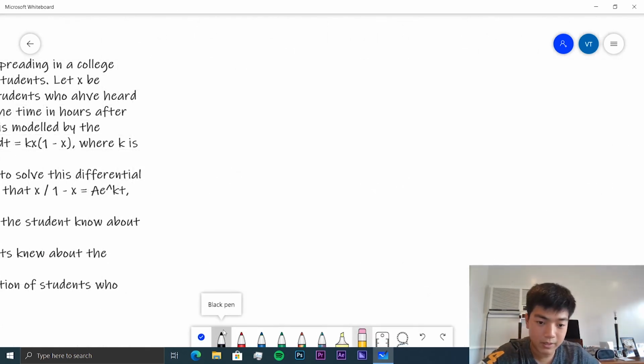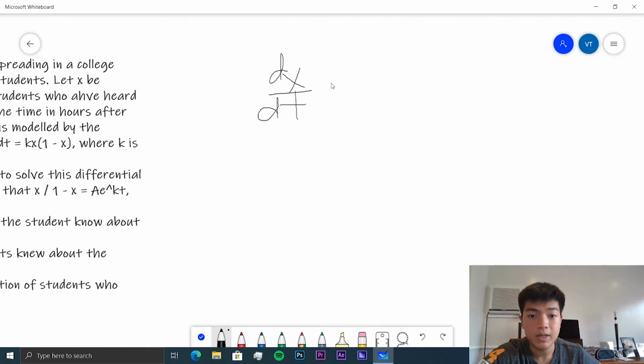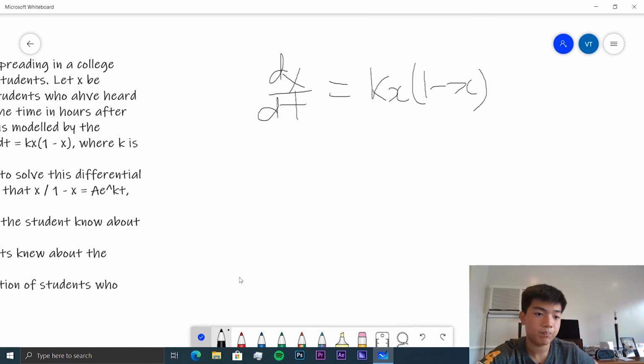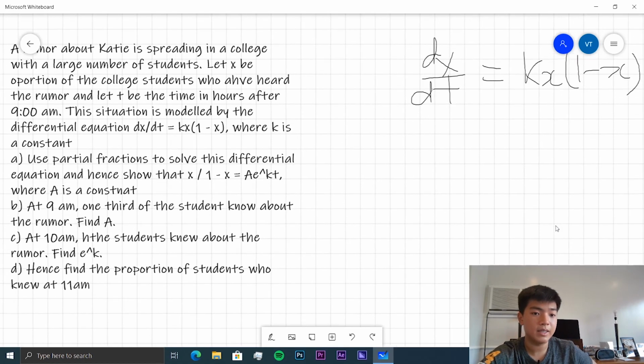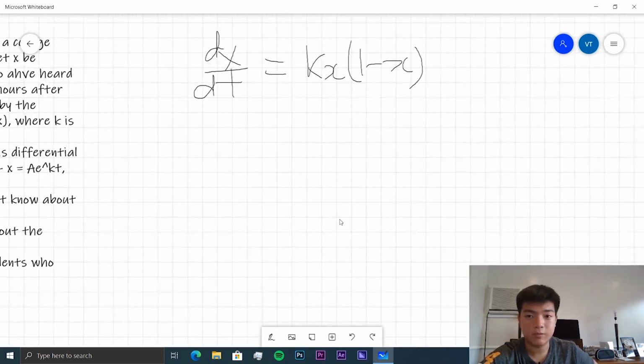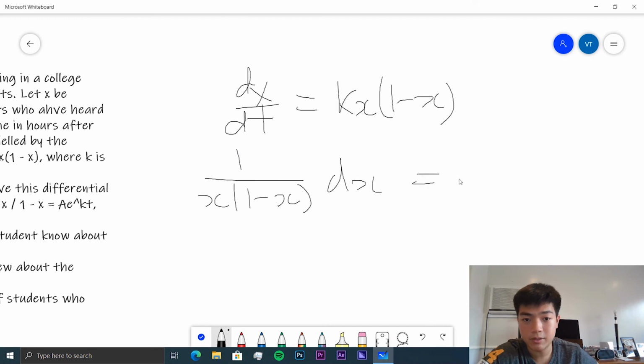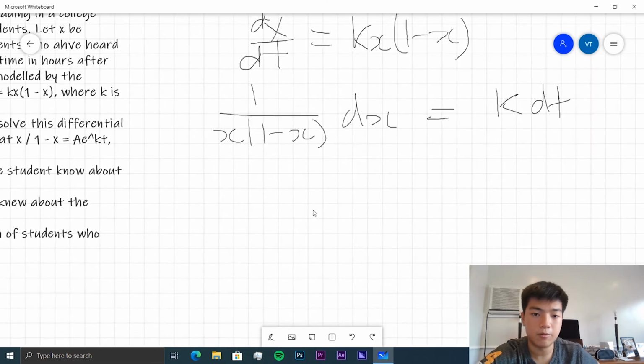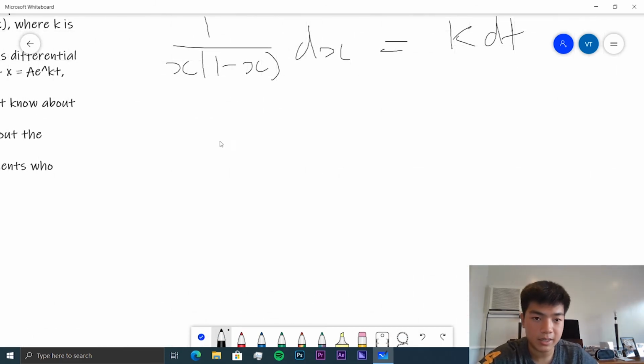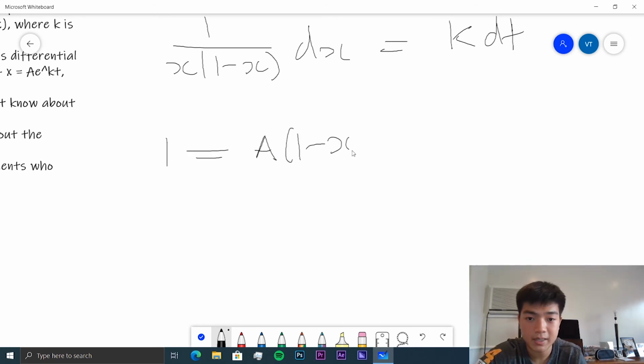So we have the differential equation dx over dt is equal to k times x times (1 minus x). K is a constant, and use partial fractions. So we have 1 over x times (1 minus x) dx is equal to k dt. So we can use partial fractions to break this down. We have 1 is equal to a times (1 minus x) plus b times x.